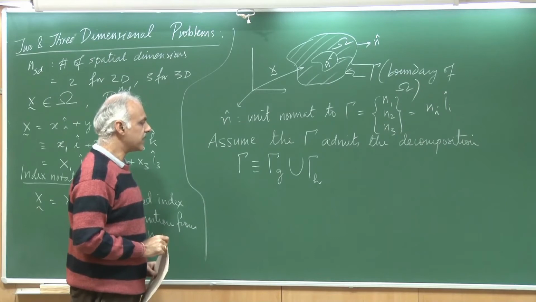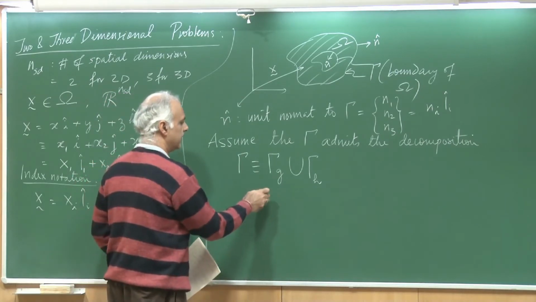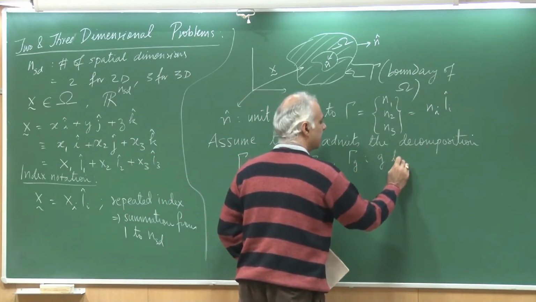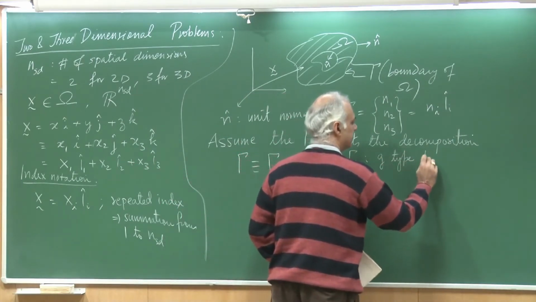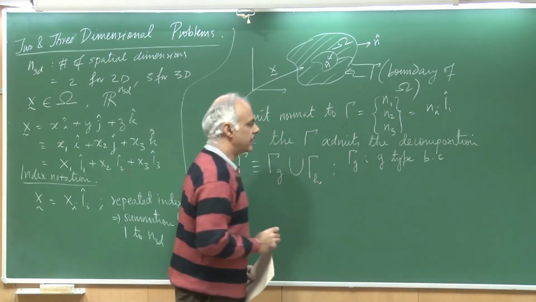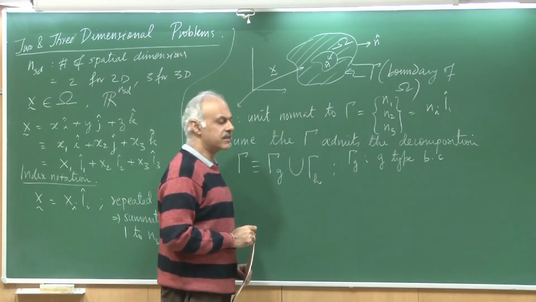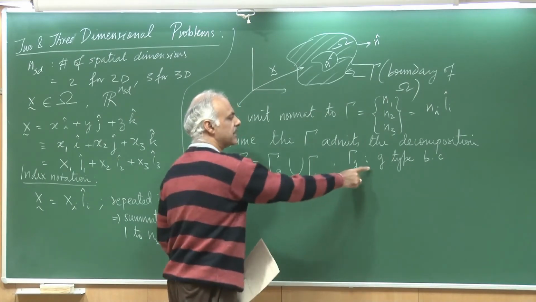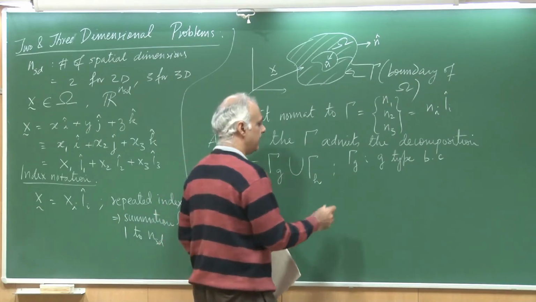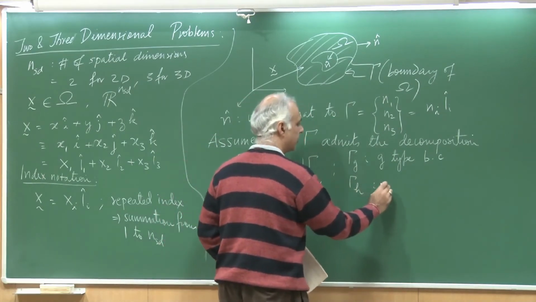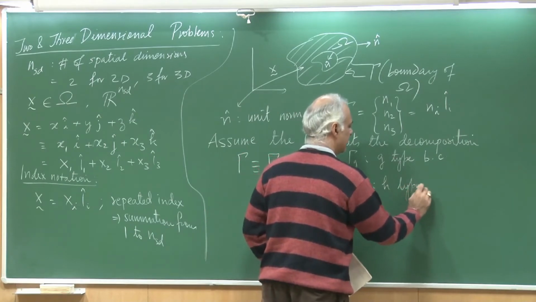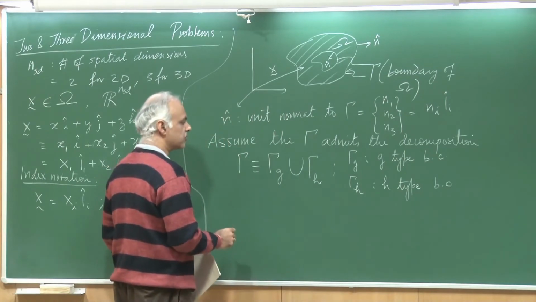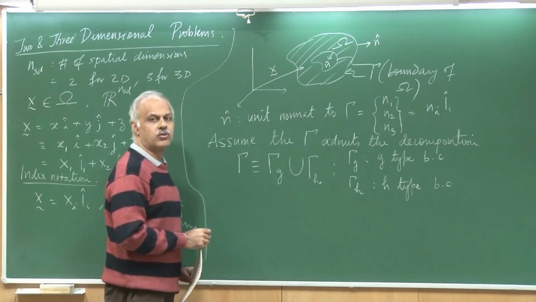So, the entire boundary is composed of 2 parts, gamma g, where a g type boundary condition is specified, and when I denoted the one dimensional problem, then we actually took this as an essential boundary condition. And then there is a gamma h on which an h type boundary condition is specified. We are also going to assume that they do not overlap.